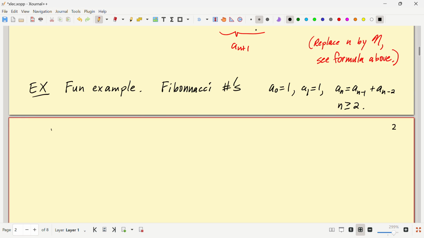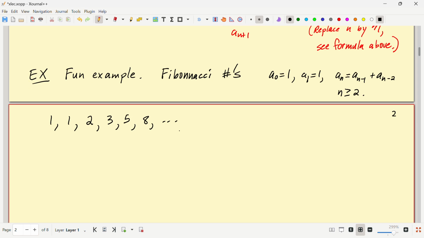So you start with 1, 1, add the previous 2 up and get 2. Add the previous 2 up and get 3. Add the previous 2 up and get 5. Next one is 8, etc. Those are famous numbers, and they appear in nature all over the place. Okay, and that's the thing we're going to think about.